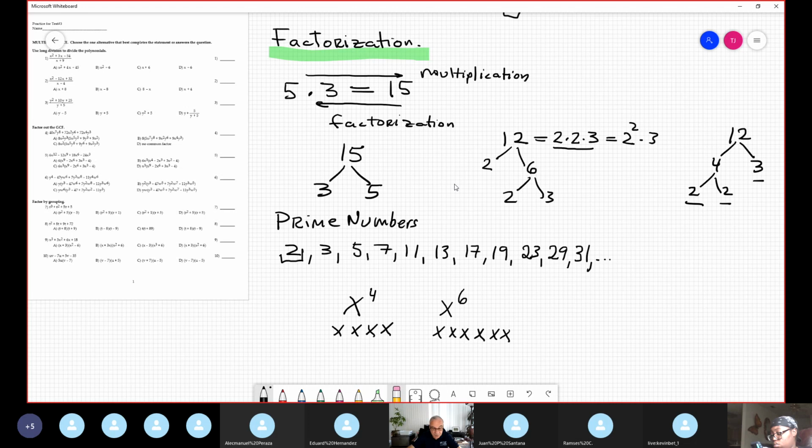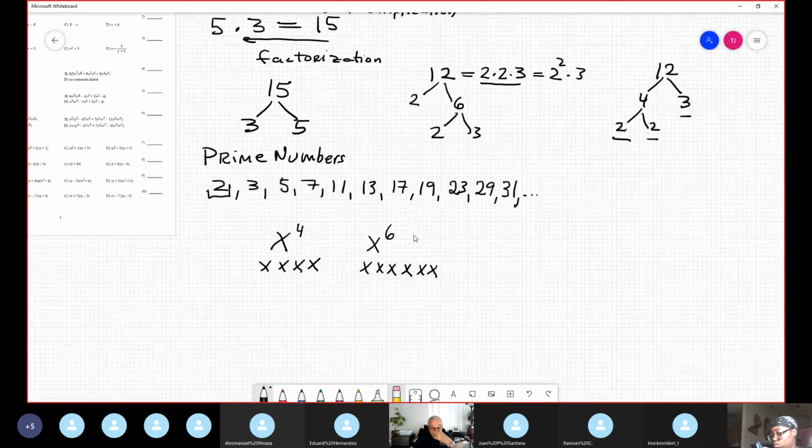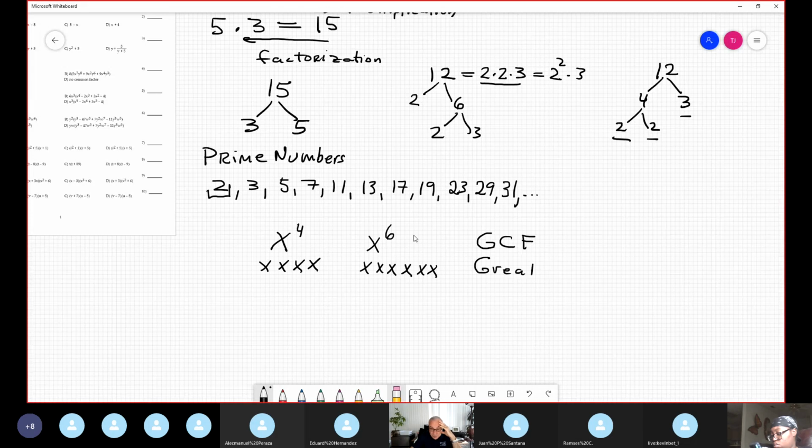Entonces now I define, because factorization is condensing something. Bueno, break it down. I see that the GCF, what does GCF mean? GCF means greatest common factor. In that case, we have x^4 here and x^4 there.